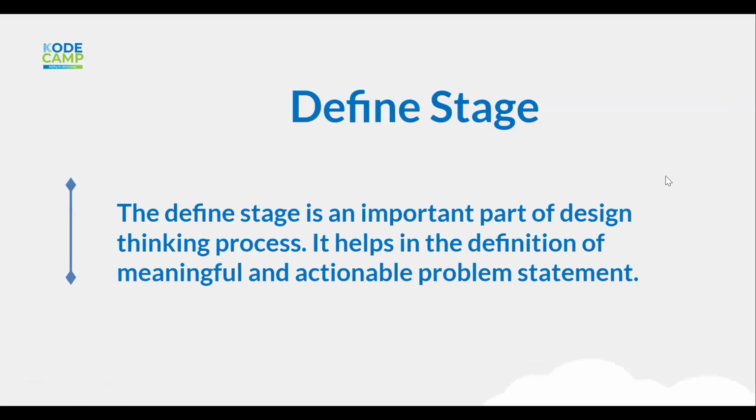The define stage is an important part of the design thinking process. It helps in the definition of meaningful and actionable problem statements. This stage is going to be very challenging, it is the most challenging aspect of the 5 stages of the design thinking process.